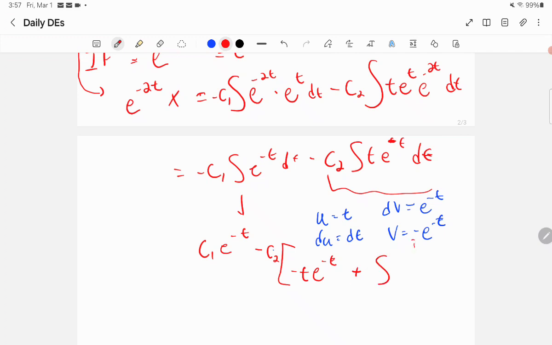So this is going to end up being plus e to the minus t dt, which is obviously easy enough to solve. So this is going to be equal to c1 e to the minus t minus c2 times minus t e to the minus t plus e to the minus t.